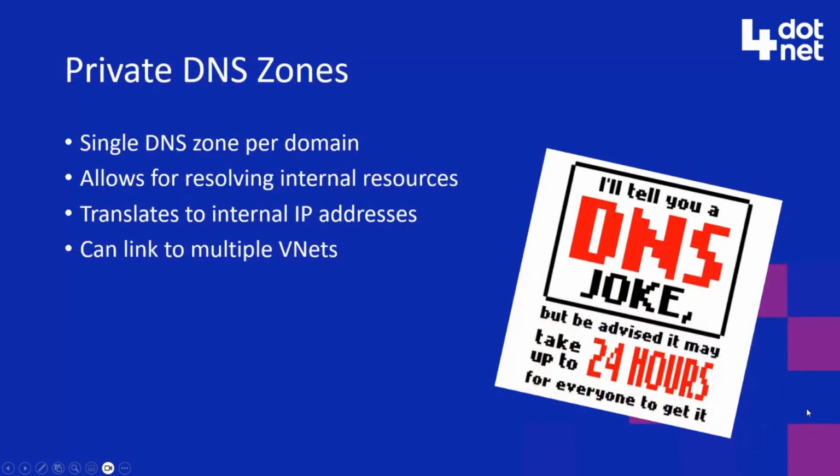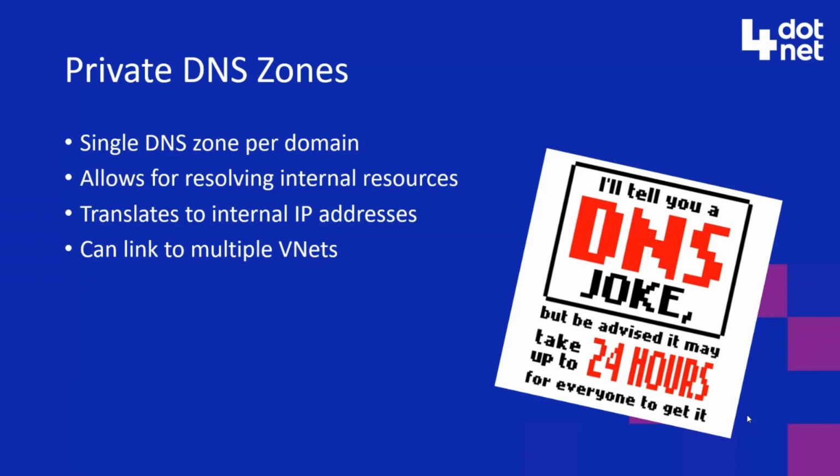Then we have this private DNS zone. We use the private DNS zone to resolve host names from your internal network to an IP address that also is in your internal network. That is necessary because Azure uses a central DNS, and that central DNS can only resolve public IP addresses.